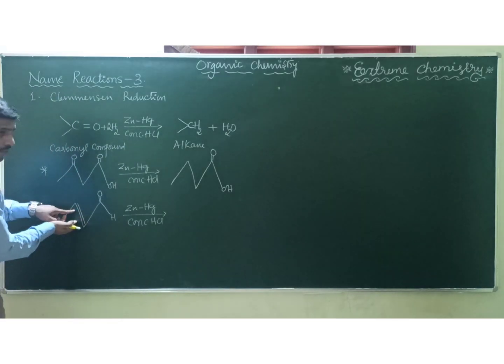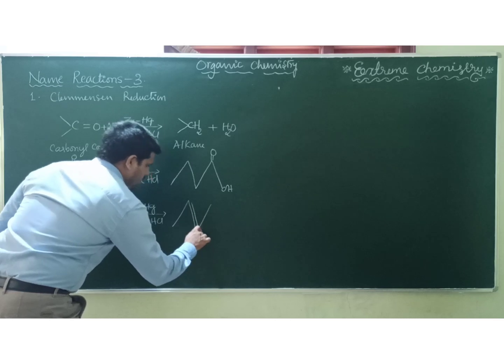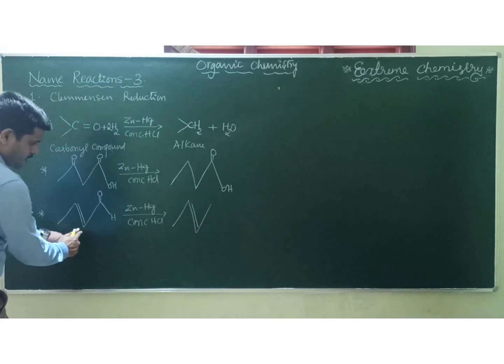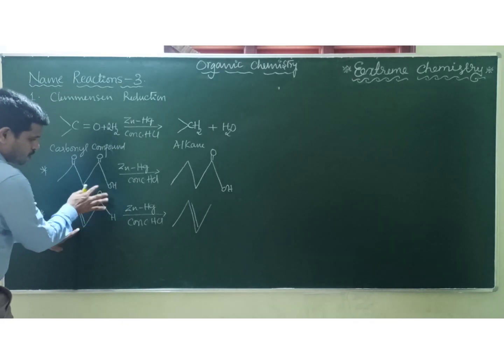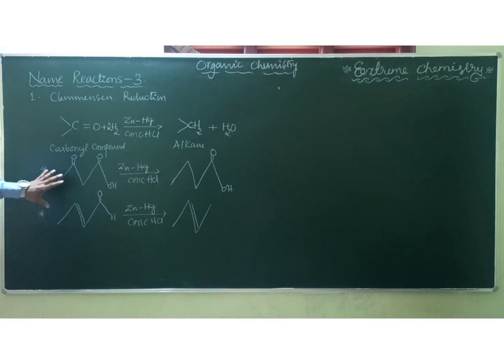The double bond will be retained in the product. So this is your product: CH3, CH, CH, and this entire CHO will become CH3. So these are the two important points to be remembered.